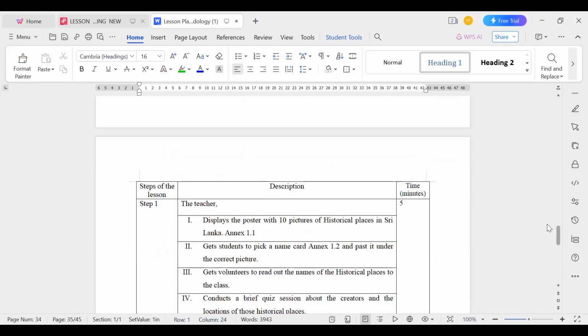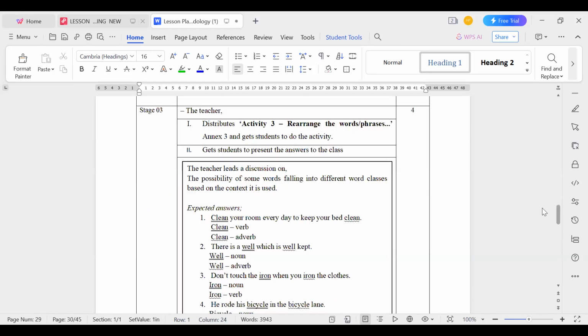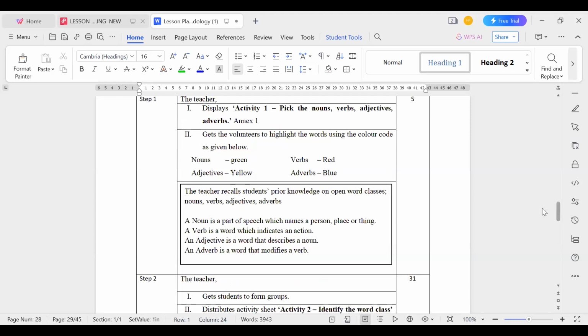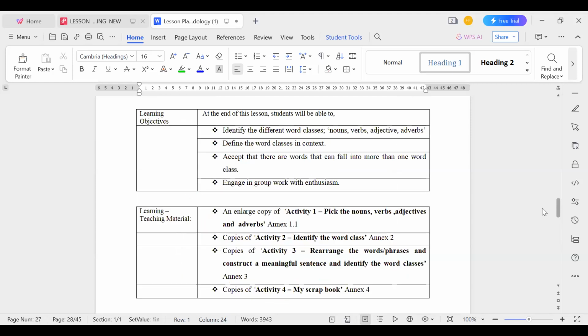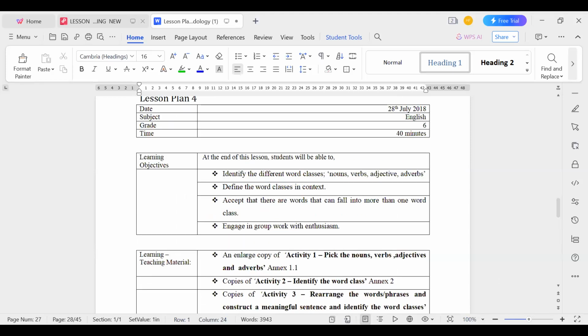Can I show you another one? Yeah, sure, ma'am. So this time I will show you an English one. But this may not be perfect. I will show you a perfect one. I have my own one.